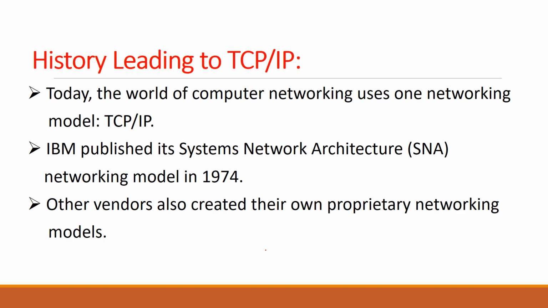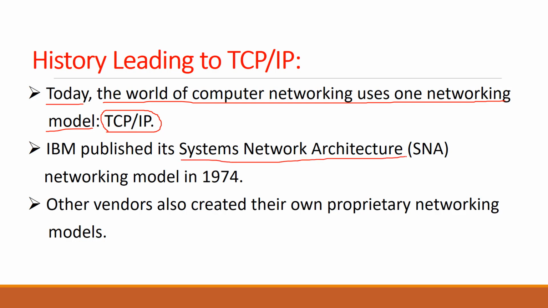So let's discuss a little bit about the history that led to TCP/IP. First of all, as we mentioned in the previous slide, today the world of computer networking uses one networking model, which is TCP/IP, and we will define what TCP is and what IP is, and where this name came from. Another model was introduced by IBM, called Systems Network Architecture, or SNA, in 1974, before TCP/IP actually.